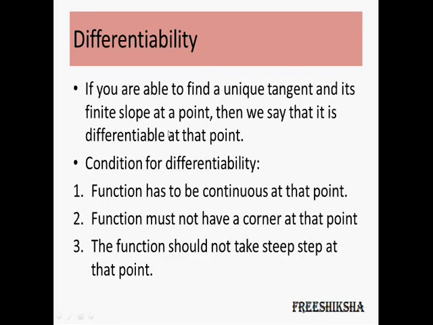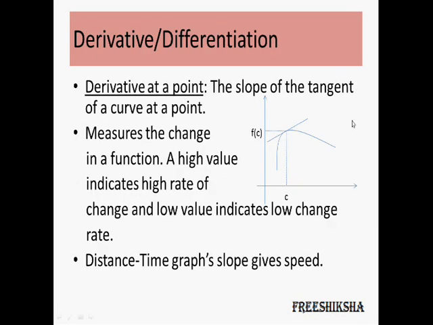Now the differentiability. If you are able to find a unique tangent and its finite slope at a point, then we say that it is differentiable at that point. So let's look at this particular graph again.